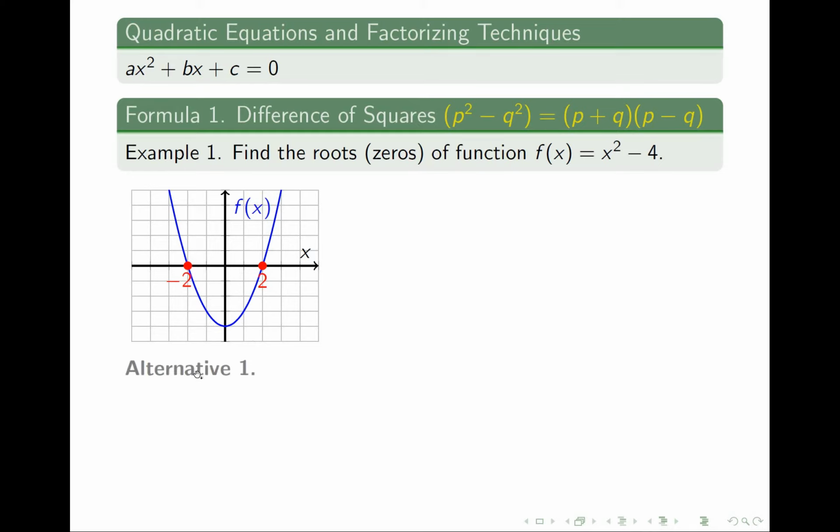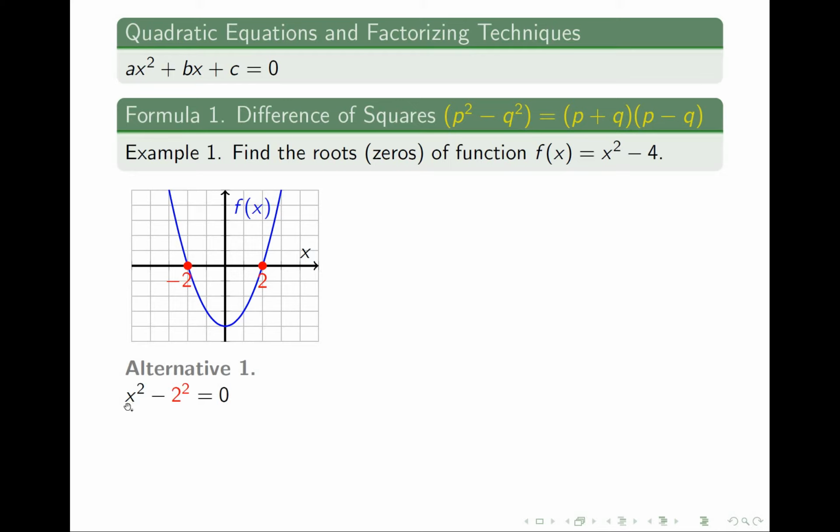So alternative 1, which is our main tool to solve all types of quadratic equations, is rewriting this expression in an equivalent form, which is p squared minus q squared. So let's do this together. We write x squared as it is, and we write minus 4 in this form, 2 squared, equal to 0.